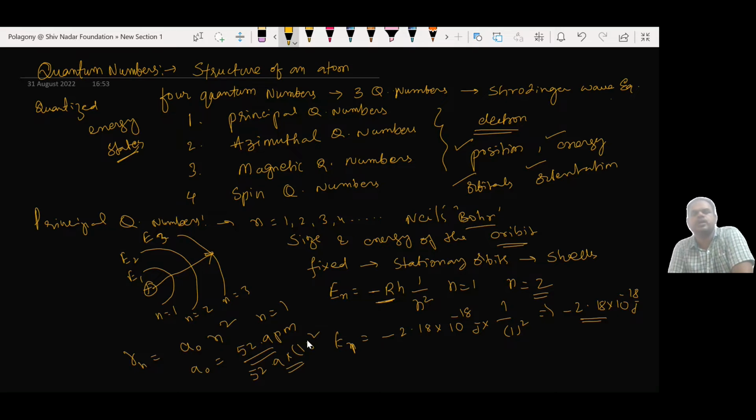The minimum radius, that of the first orbit, is 52.9 picometers. So the principal quantum number tells about the radius of the orbit, the energy state of the orbit, and the size of the orbit.